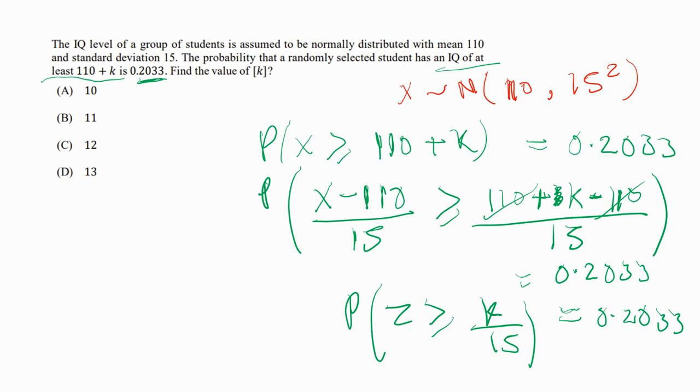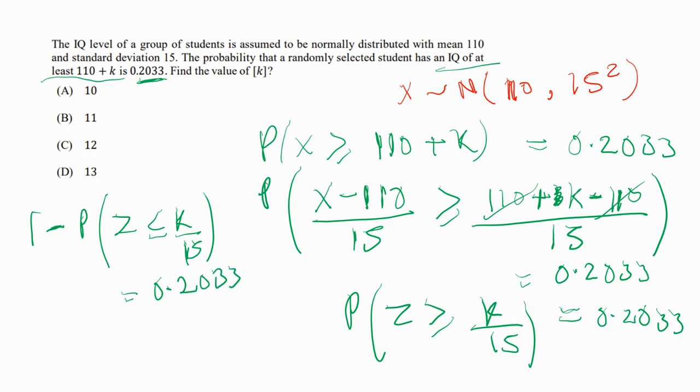So now it is greater than, so we will write it as 1 minus probability z less than or equal to k by 15, which will be equal to 0.2033.